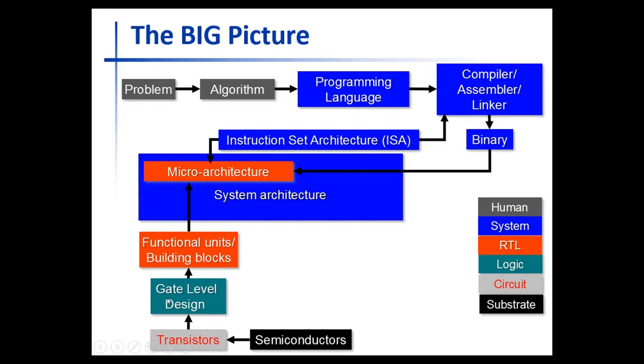At the gate level, you have AND gates, OR gates, NAND gates, NOR gates, XOR gates, right? You know what these different types of gates are and how they behave. Using those gate level entities, you can build more complex functional units like adders, multiplexers, decoders, things like that. Using all of these together, you can build microarchitectures.